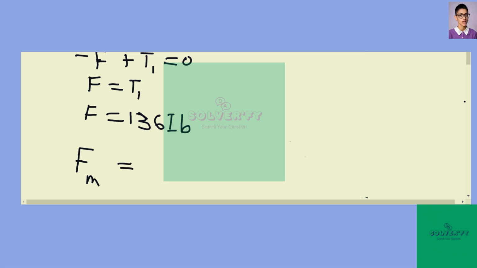If we do that, we know that mu times N will give us the frictional force, and the coefficient of friction there is given as 0.3, between the floor and the feet of the woman, the floor, the ground.